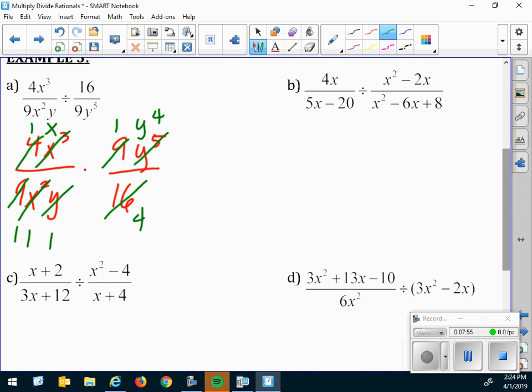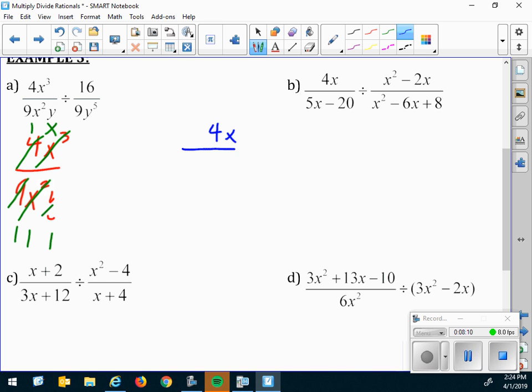Will the first fraction that I'm not doing anything to factor? Okay, does anything happen to the numerator? So that's, let me get more space over here. That numerator's 4x. Will that denominator factor? How?